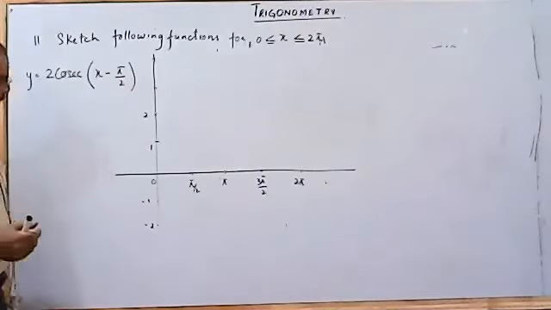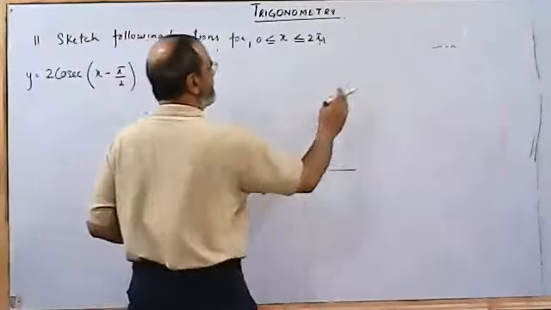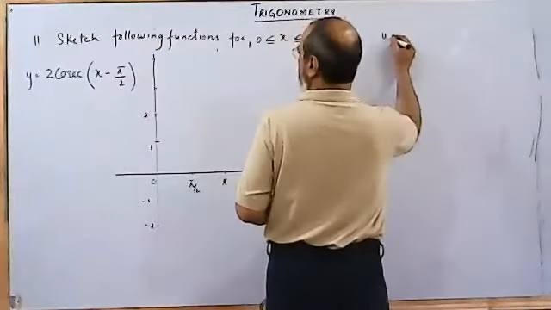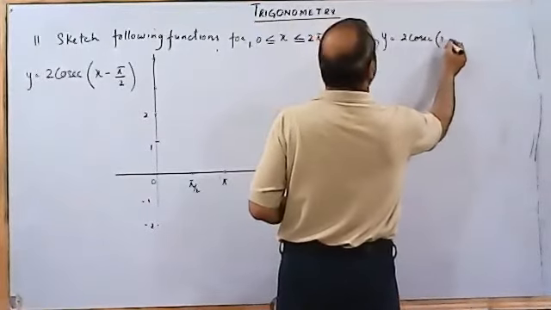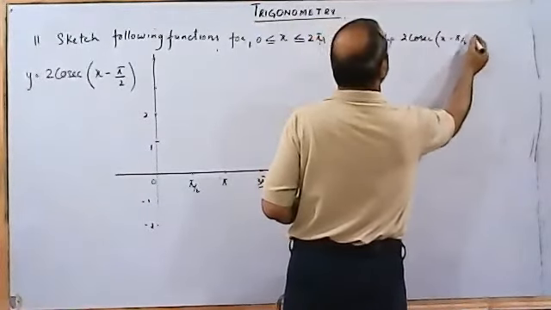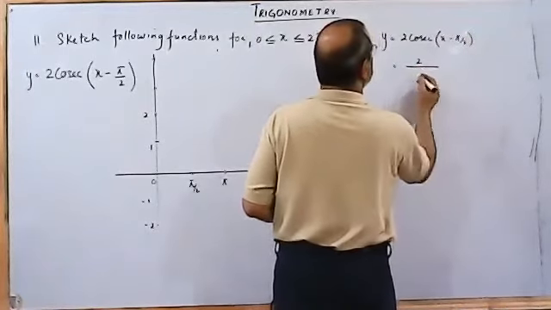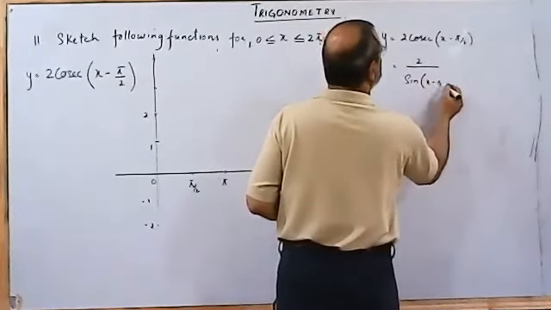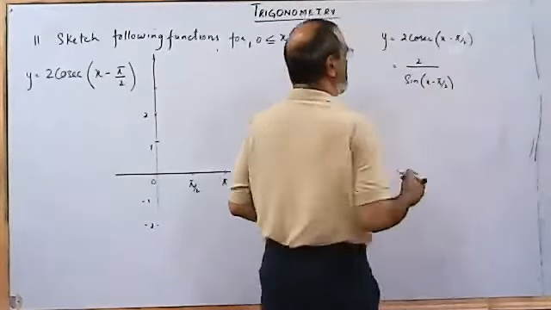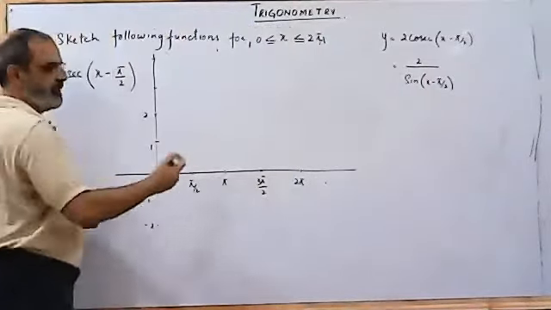Again, I'm going to follow the same technique. I'm going to write y is equal to 2 cosecant x minus pi by 2 as 2 over sine x minus pi by 2. You just have to replace x with the values on the x-axis.